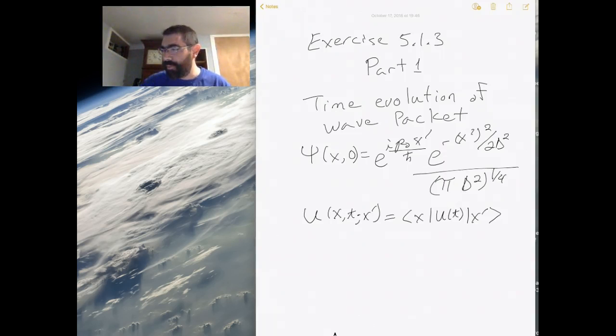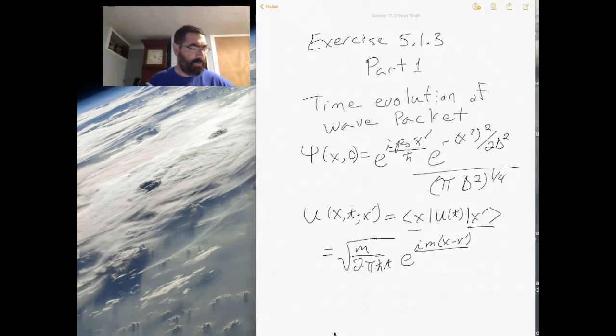So we're starting with the initial position x prime, transforming it with the propagator, coming to some other final position x, and when we worked that out, what we got was the square root of m over 2 pi i h bar t, times e to the i m (x minus x prime) squared divided by 2 h bar t.